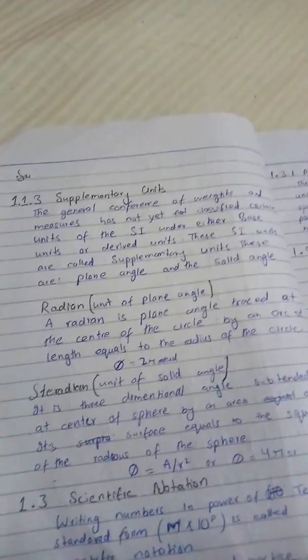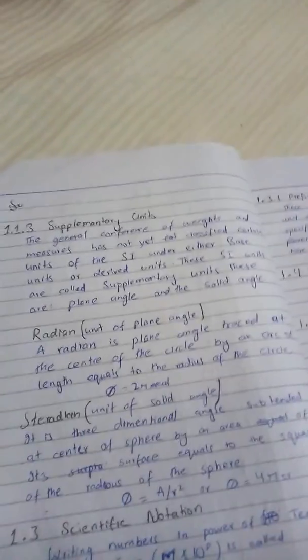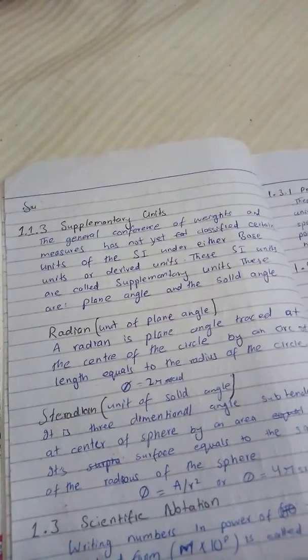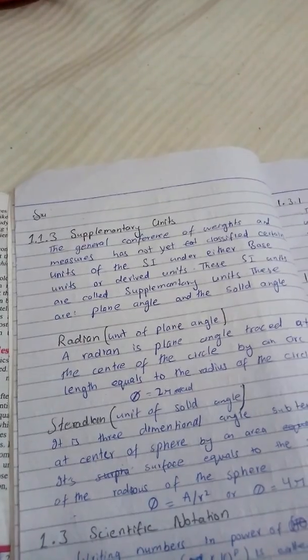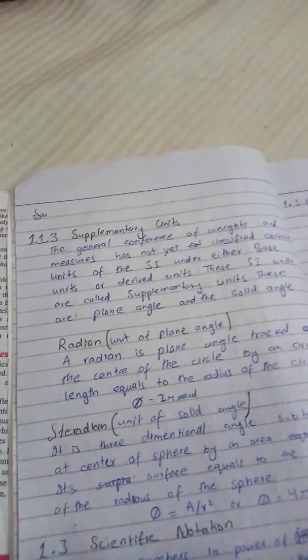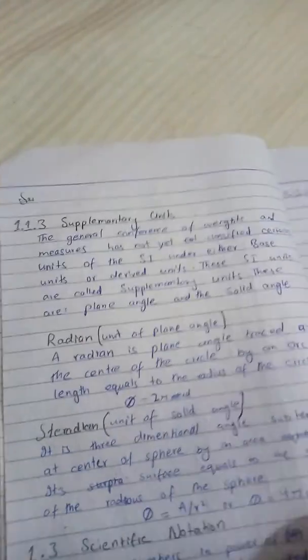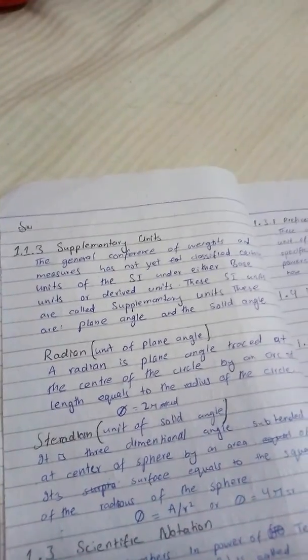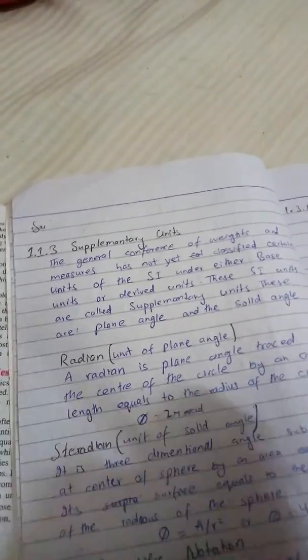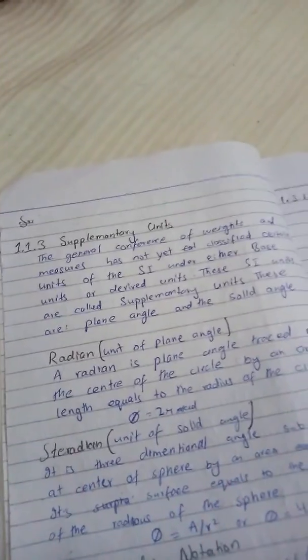So next is supplementary units. Now as we discussed before, physical quantities can be either base quantities or derived quantities, but there are other quantities which do not fit in any of those. So these are called supplementary units.